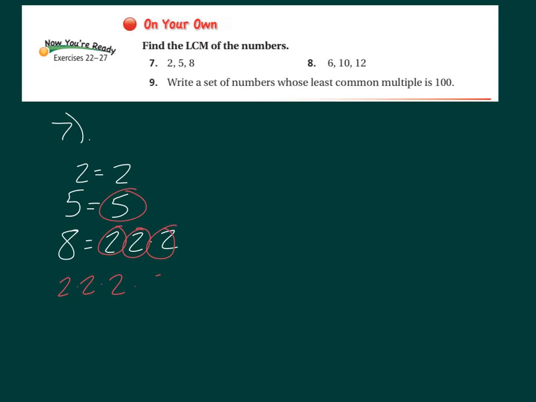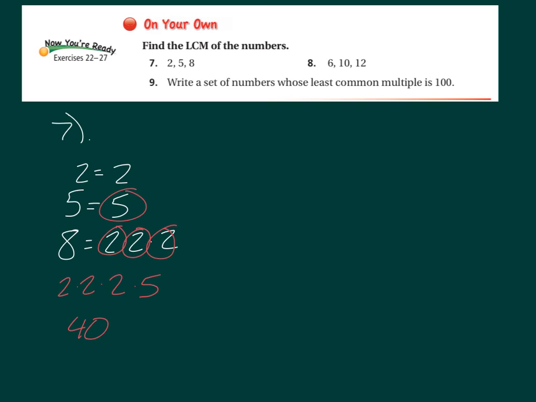So we take that 5, and when we multiply this up, we should get a number that all 3 of these numbers go into. If we take 2 times 2 times 2 times 5, we get 40, and I don't believe there's anything smaller that all 3 of those numbers go into, so 40 would be our answer.